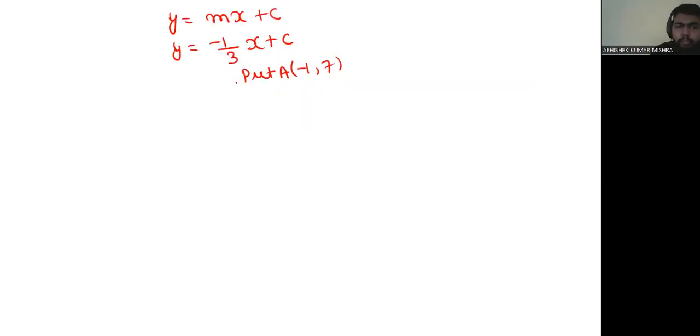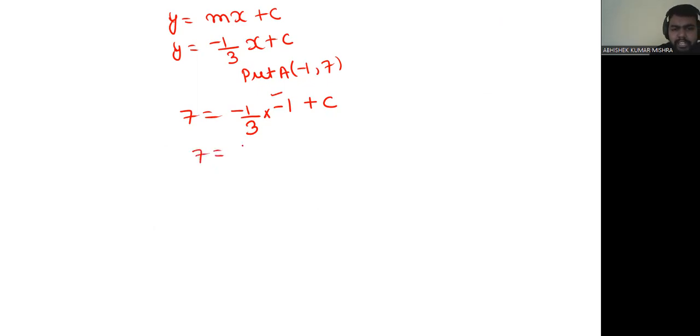So I'm going to put y is equal to 7, because here y is 7, and here -1/3, and x is equal to -1, plus c. Like that I'm going to write. Here I'm going to solve for c. So this -1 and -1 will make +1.